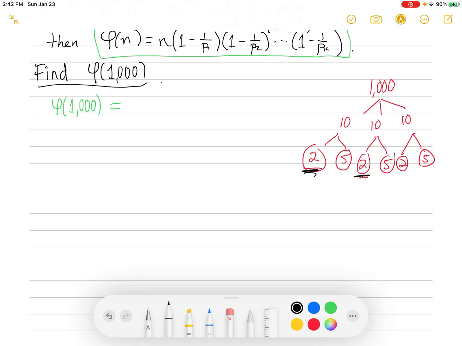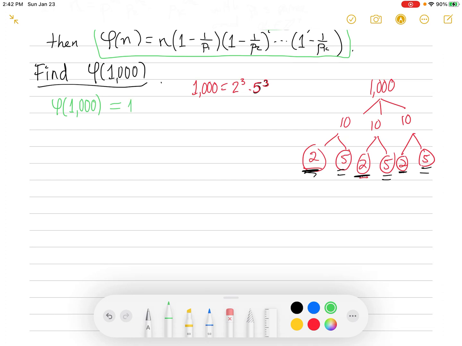So I'm counting up the 2's. 1,000, that's my n, is what? 2 to the third power times, we have 3 copies of 5, so 5 to the third. So 2 to the third times 5 to the third.